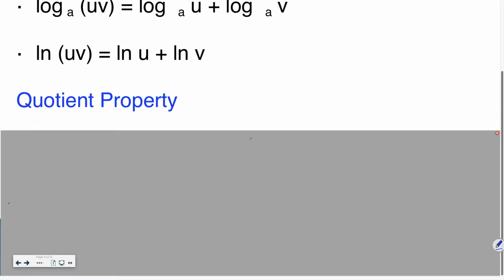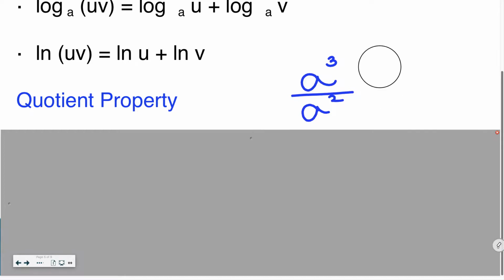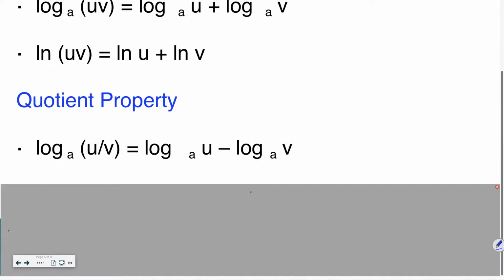All right, the quotient property. Let's talk about when we are dividing with exponents. What do we do with the exponents? We subtract them. So, if we have division inside of our logarithm, then we are going to subtract our logarithms.